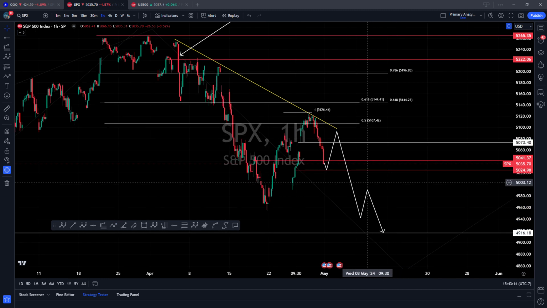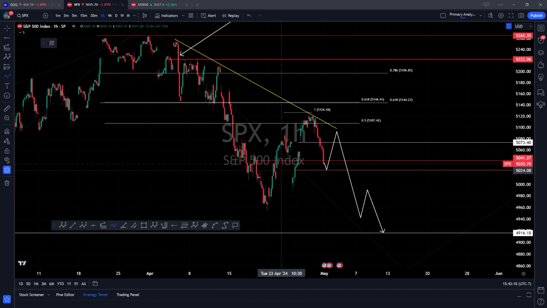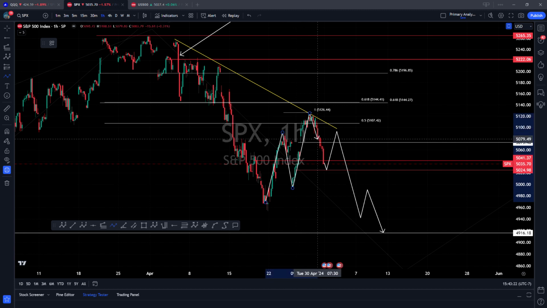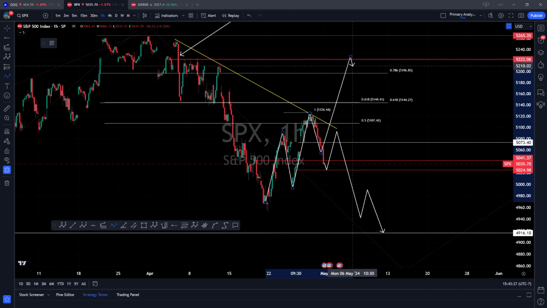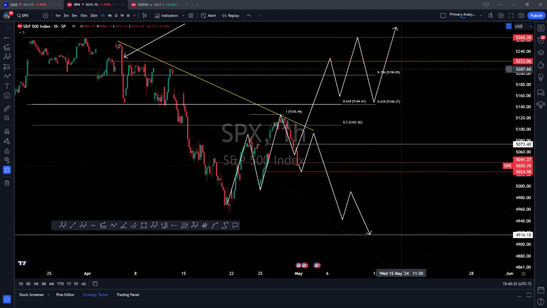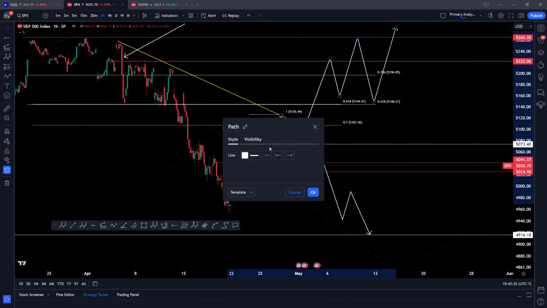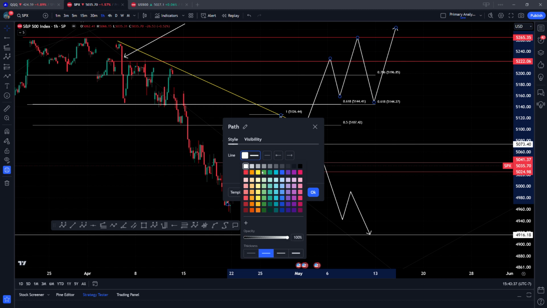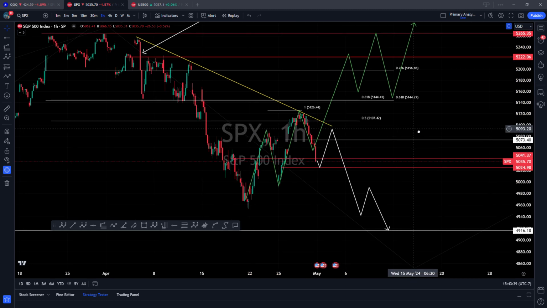Now we had another bull case, where I said this would be my one, two, another one, sub one and sub two of a three, and then we move up in a third wave, fourth wave, and fifth wave, something like that, right? Let's mark it green. So this was our bull case.